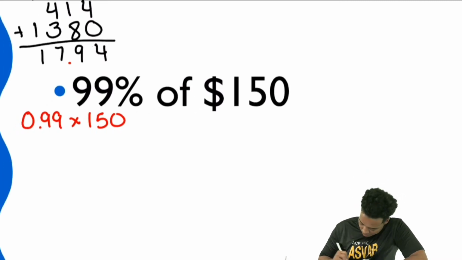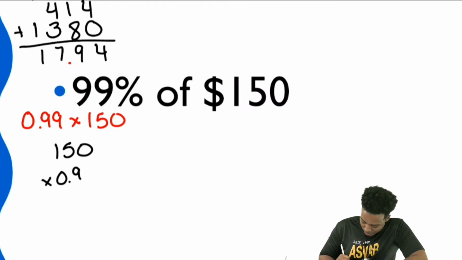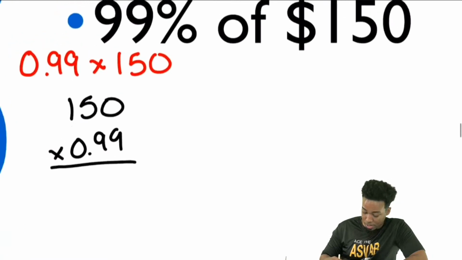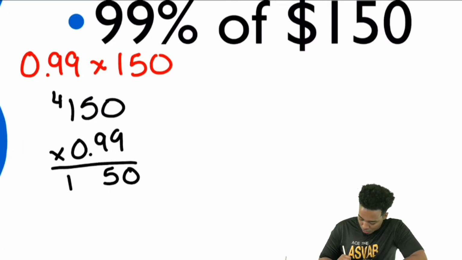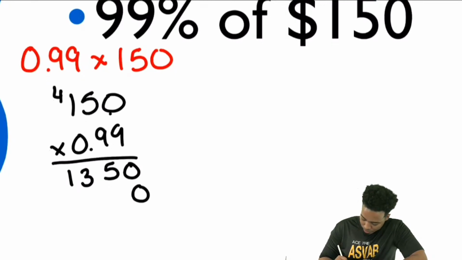Okay, 150. Welcome in, Kayla. So we have 150 times 0.99. Watch this. This can be a little cumbersome, but it's still doable. 0 times 9, 0. 5 times 9, 45. Carry the 4. 1 times 9 is 9. Carry the 4 is 13. Next up, I'm going to put a 0 down. 0 times 9, 0. 5 times 9 is 45. Carry the 4 again. 1 times 9 is 9. Carry the 4 is 13.